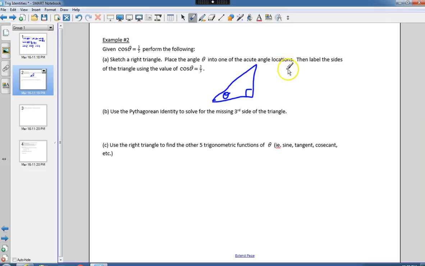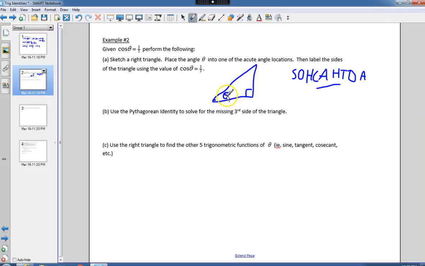So we're dealing here with the right triangle, and remember with trig, the acronym SOHCAHTOA still holds true. Because we are told that the cosine of theta is equal to 3 over 5, the CAH can be used to label sides of our right triangle, because cosine is the adjacent side over the hypotenuse.